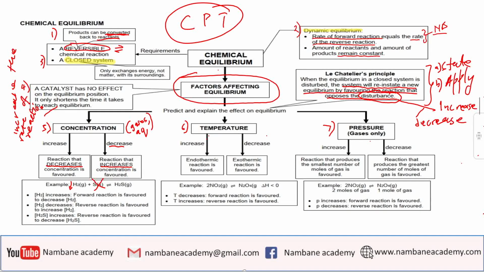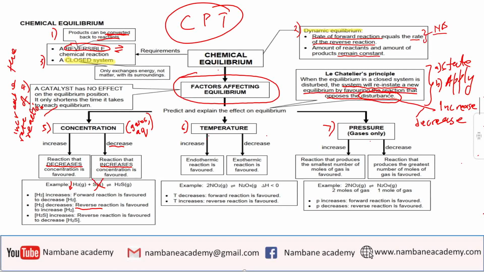By allowing the reaction to move to the reverse. So if it moves to the reverse, we are going to have an increase in the concentration of the reactants. And what about H2S? The H2S will decrease because the reverse reaction is the one that is actually favored.